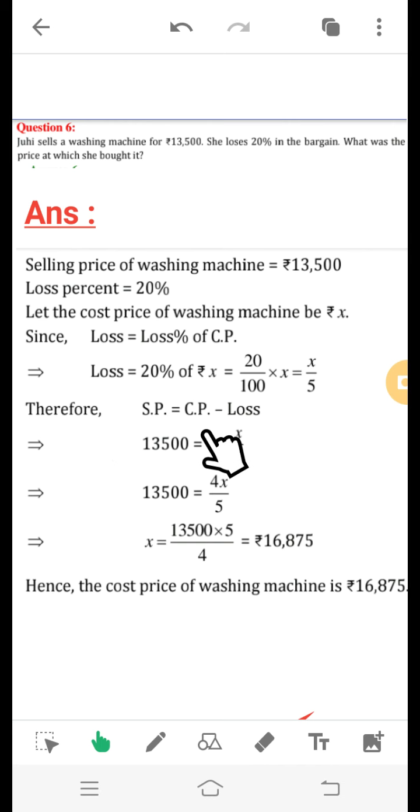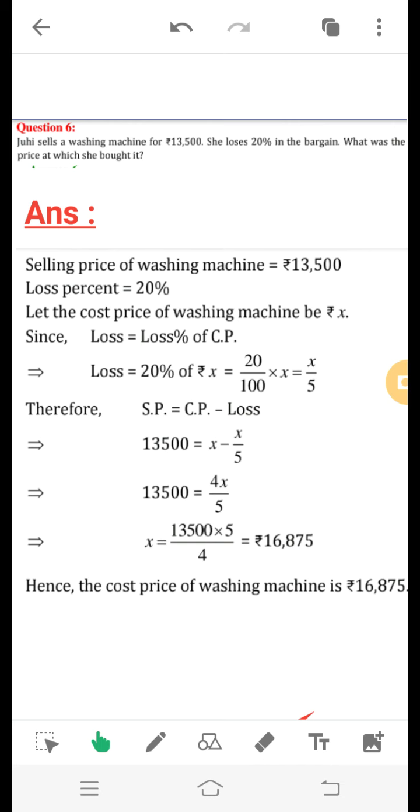Now selling price is equal to cost price minus loss. Here selling price is 13,500. Our cost price that we have assumed is X. Loss is X upon 5. So 13,500 is equal to X minus X upon 5.